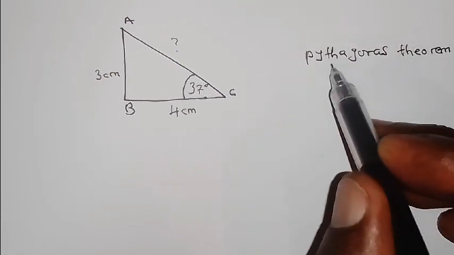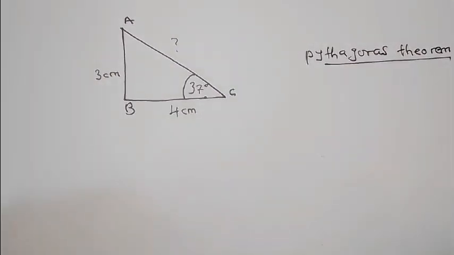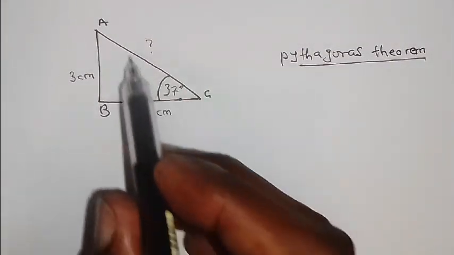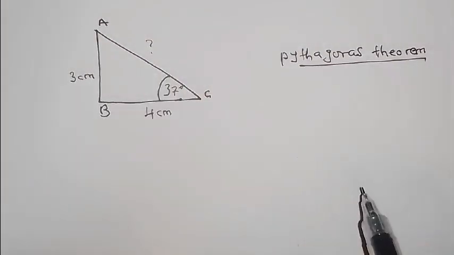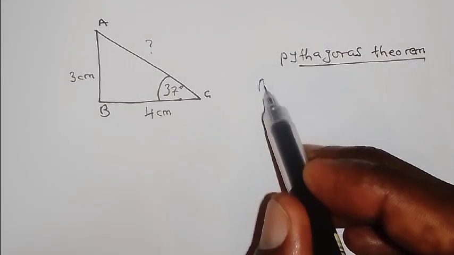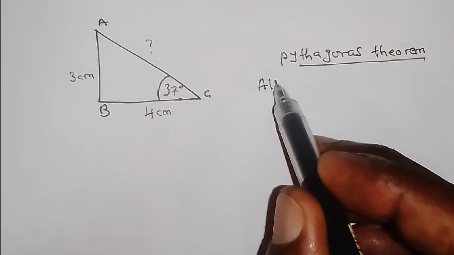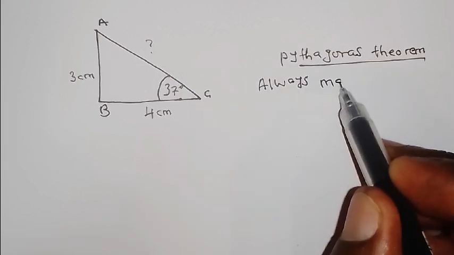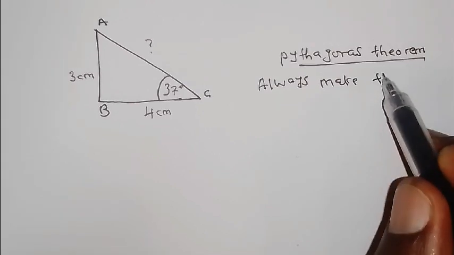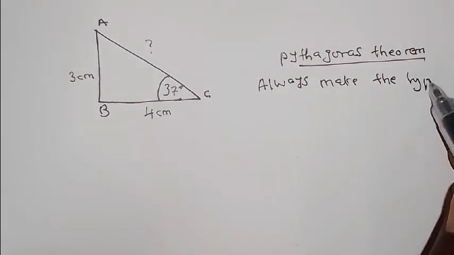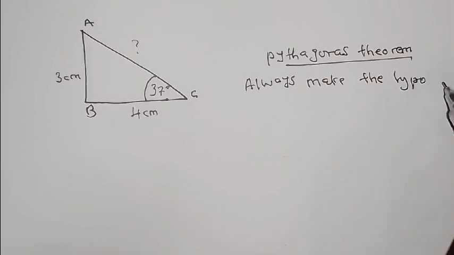Whenever you're looking at the Pythagoras theorem, the hypotenuse should always be the subject of the formula. So always make the hypotenuse the subject.